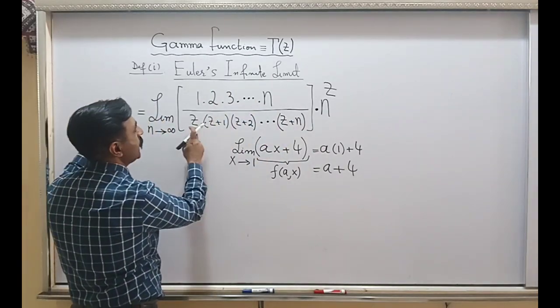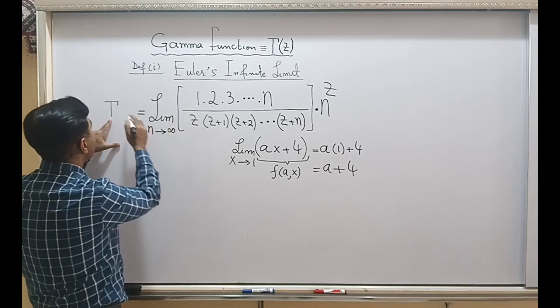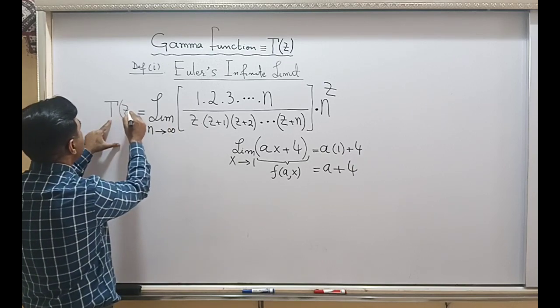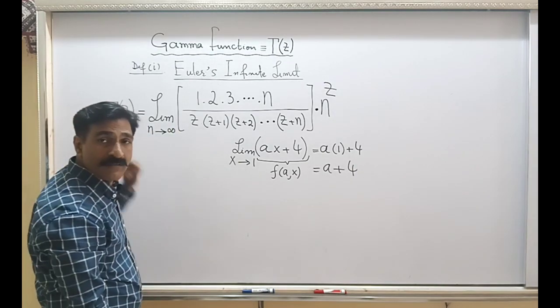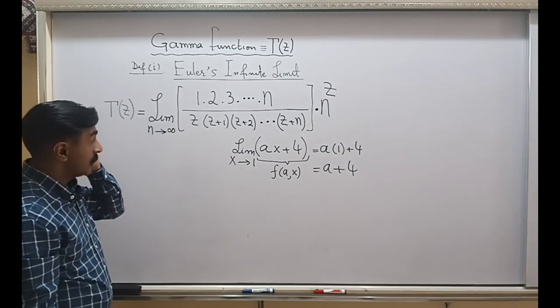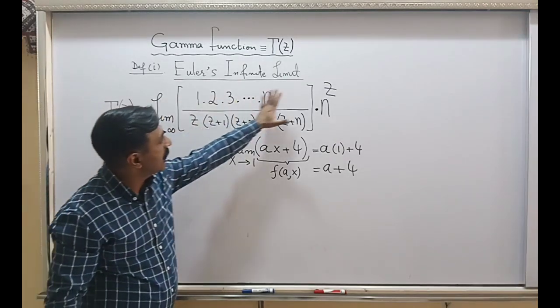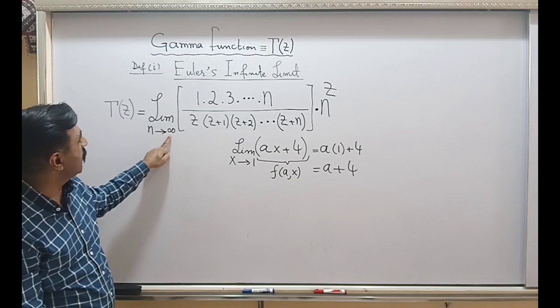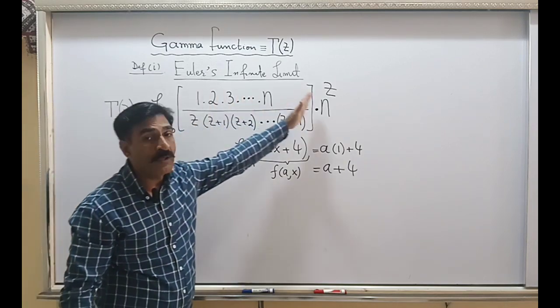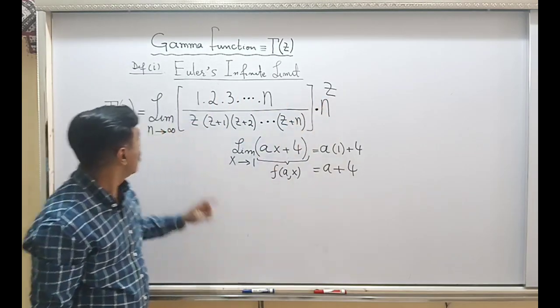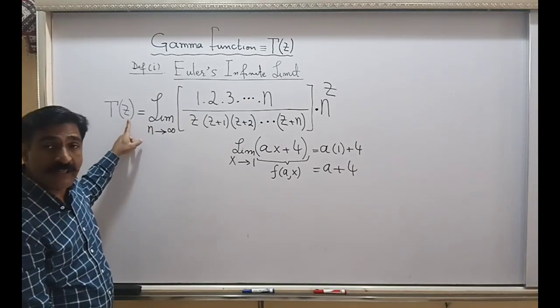So what will you be left with? Only one variable, z. So it is a function of z. Right? So when you evaluate the limit, you will be left with only one variable, which is z, and it is a function of z.